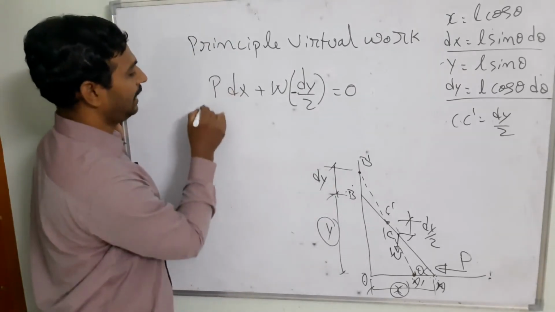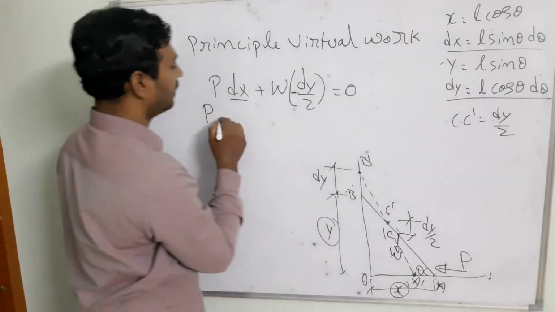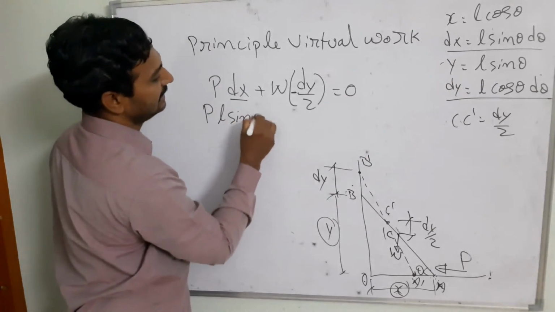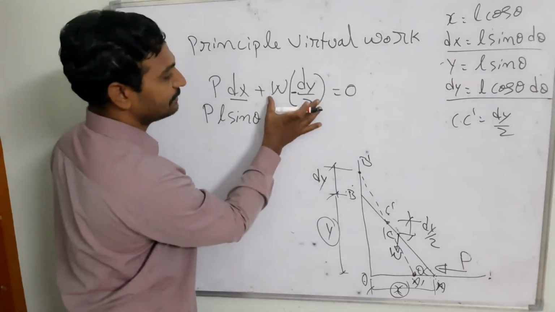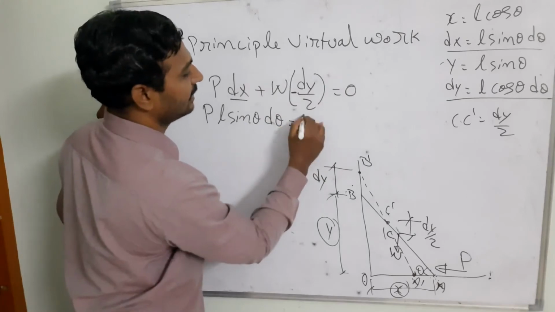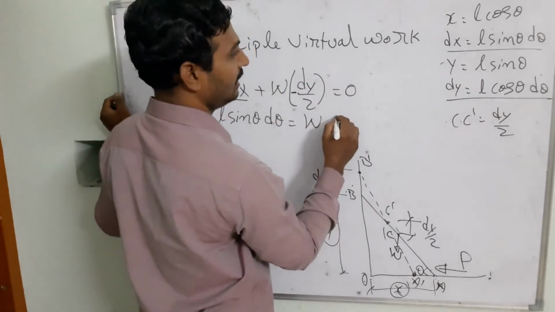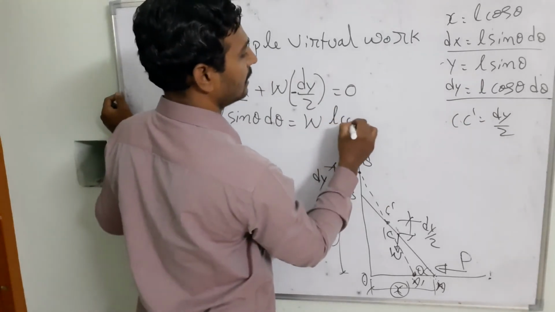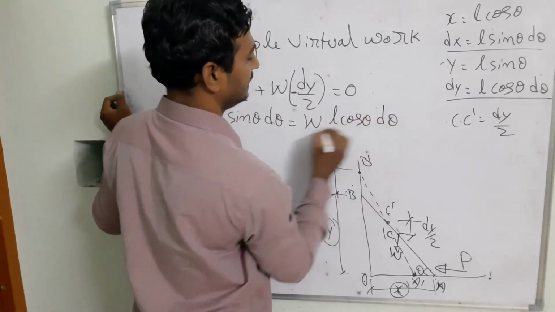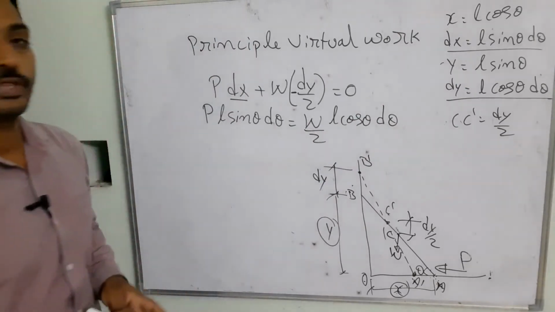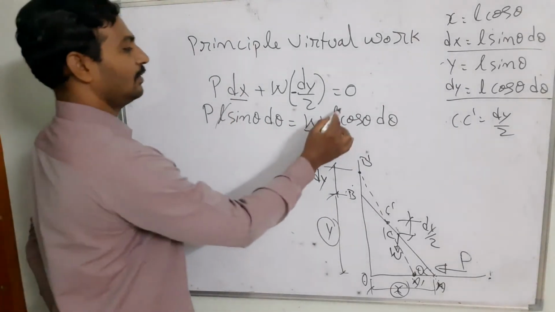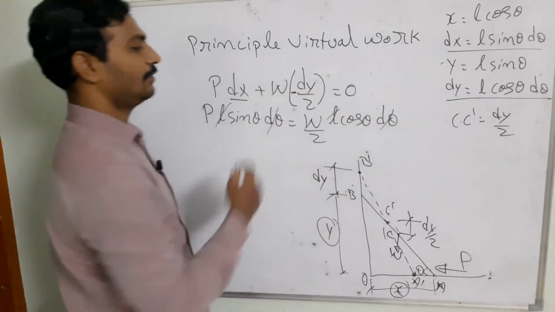So then P into dx is equal to, what is the formula? L sine theta d theta. This parameter I am taking towards the right side, that's going to be W times dy, and dy is equal to L cos theta d theta, W by 2. Then L will be cancelled, d theta will be cancelled.